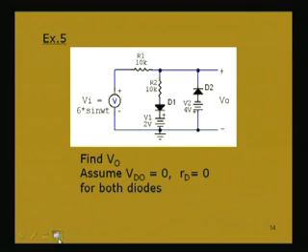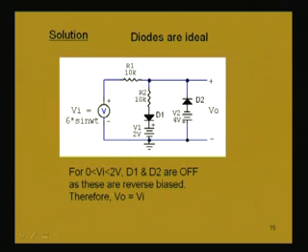So, in the positive half cycle, for the portion when Vi is 0 to 2 volt, we find that D1 and D2 both are off, both are reverse biased and not conducting.